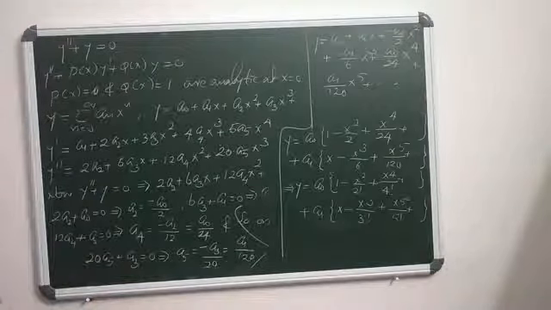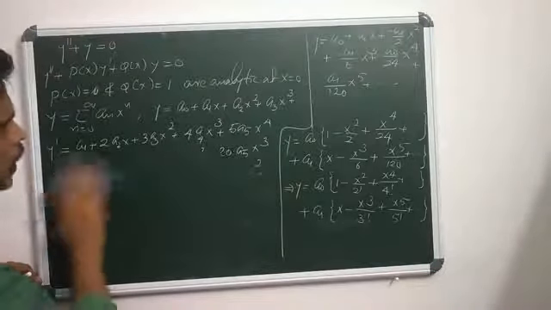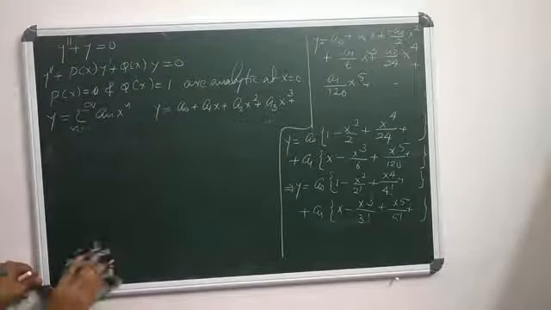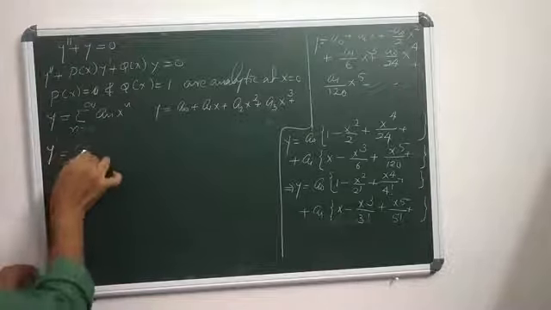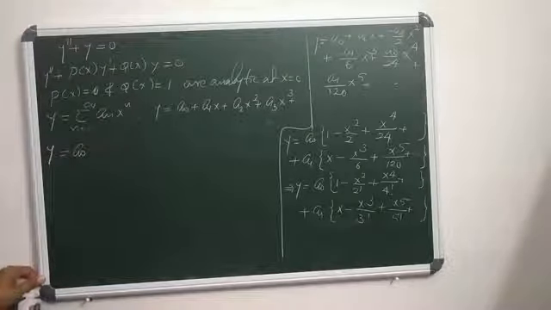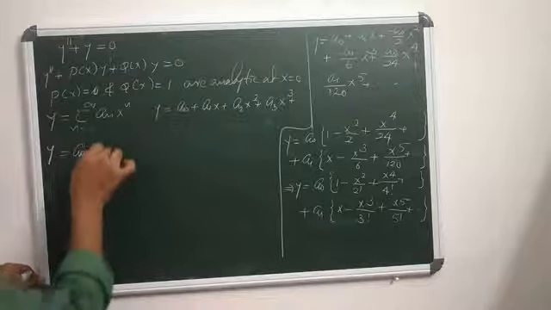So, what about the term inside the brackets? That is rearranged as y equals a0 into the expansion in the first bracket, 1 minus x square by 2 factorial plus x power 4 by 4 factorial, which is nothing but cos x.